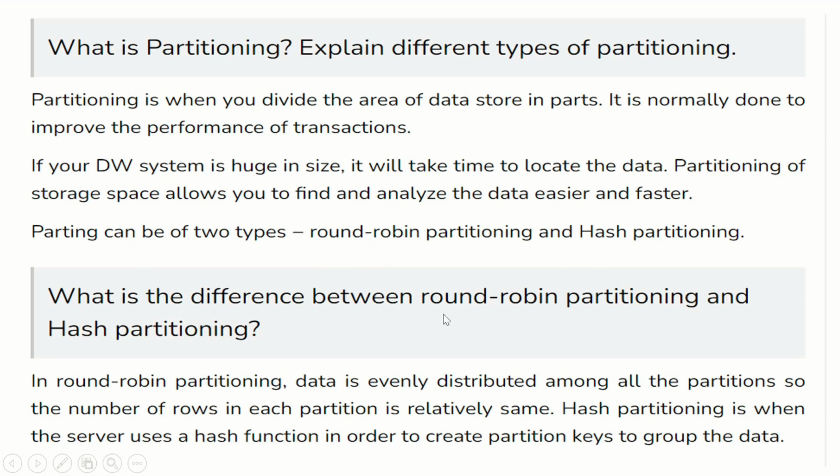What is the difference between round robin partitioning and hash partitioning? In round robin partitioning, data is evenly distributed among all the partitions, so the number of rows in each partition is relatively the same. Hash partitioning is when the server uses a hash function to create a partition key to group data.